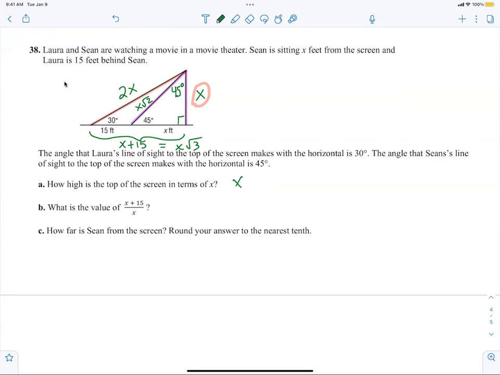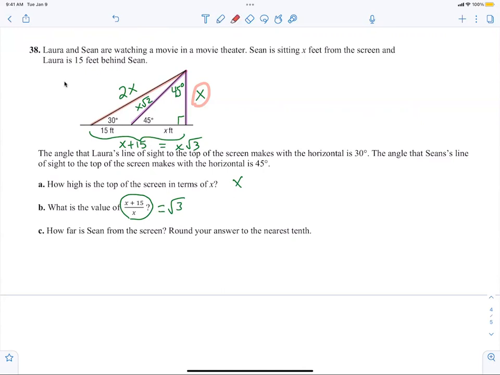So now, what do I do for X plus 15 divided by X? Somebody tell me what that is. Radical 3. Now, how do we know that?